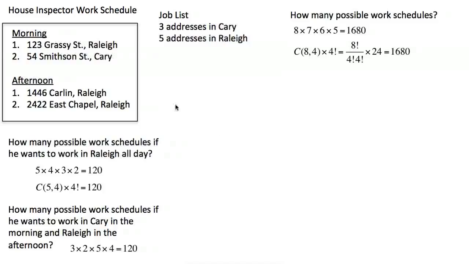The simple direct approach to that is simply to say, if the 2 morning locations are going to be at Cary, since there are 3 addresses in Cary to be visited, 3 possibilities for the first one times 2 for the second one, and then when you get to the afternoon, you're in Raleigh, 5 choices for the first afternoon spot and 4 for the second. It's 3 times 2 times 5 times 4, again, just the multiplication principle, 120.